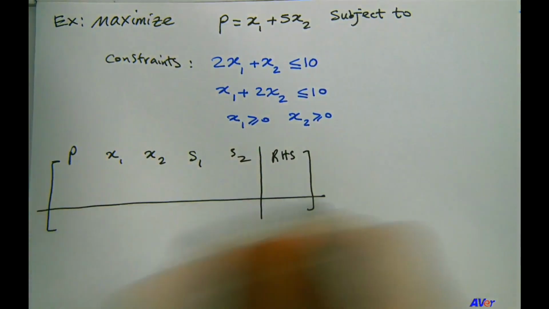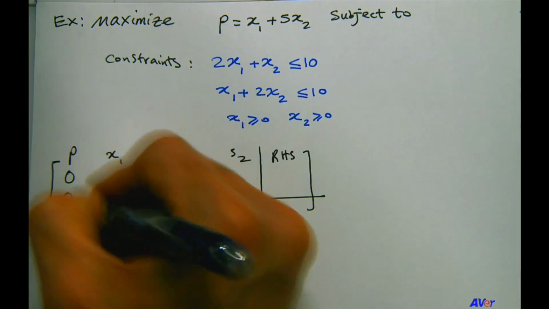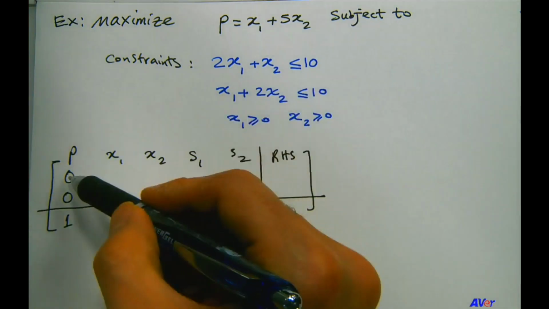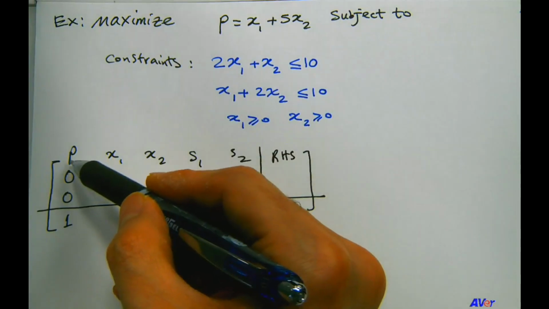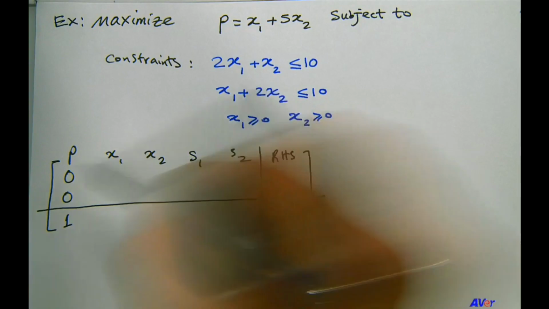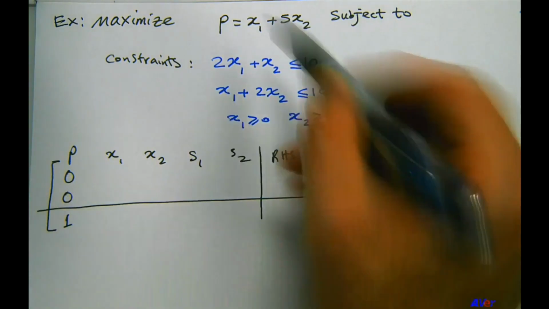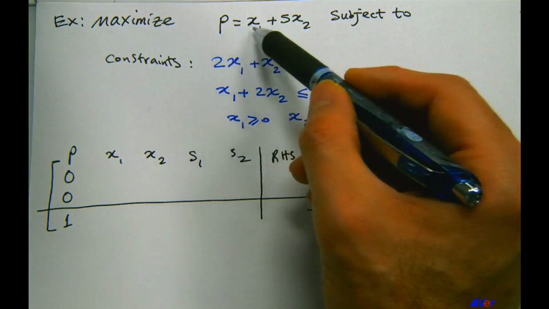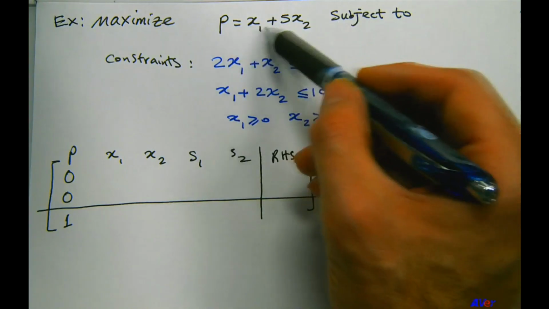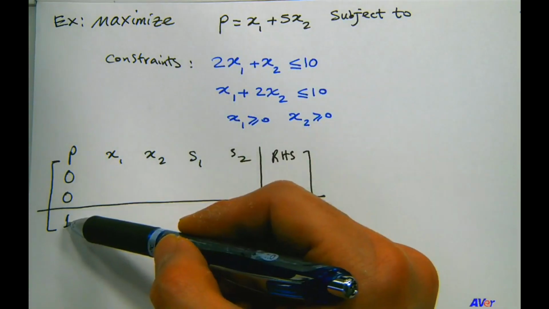And the objective row. So the first column is always 0, 0, 1 because there is no p variable in any of these constraint inequalities, so the coefficient would be 0. And in the objective row, which takes the coefficient of the objective function, the coefficient of p is 1, and there we have it.